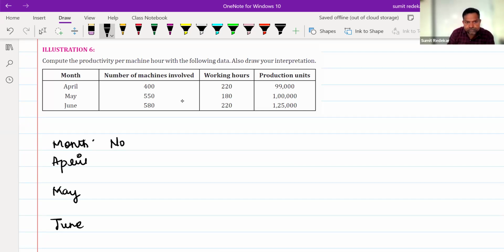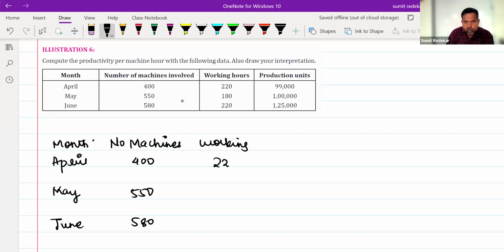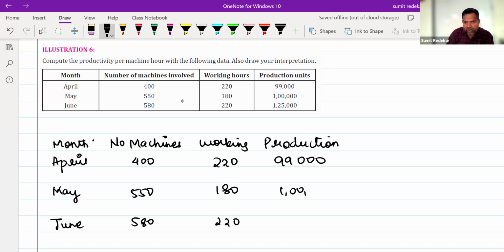I had number of machines, which is 400, 550, 580, working hours 220, 180, and 220, production units is 99,000, 1 lakh, and 1,20,000. Correct? What I'm going to do is I'm going to find total hours.